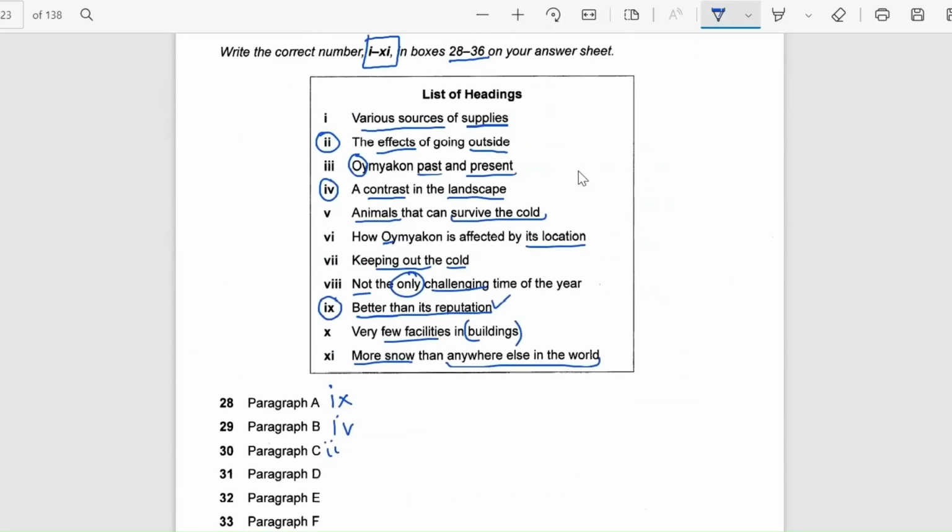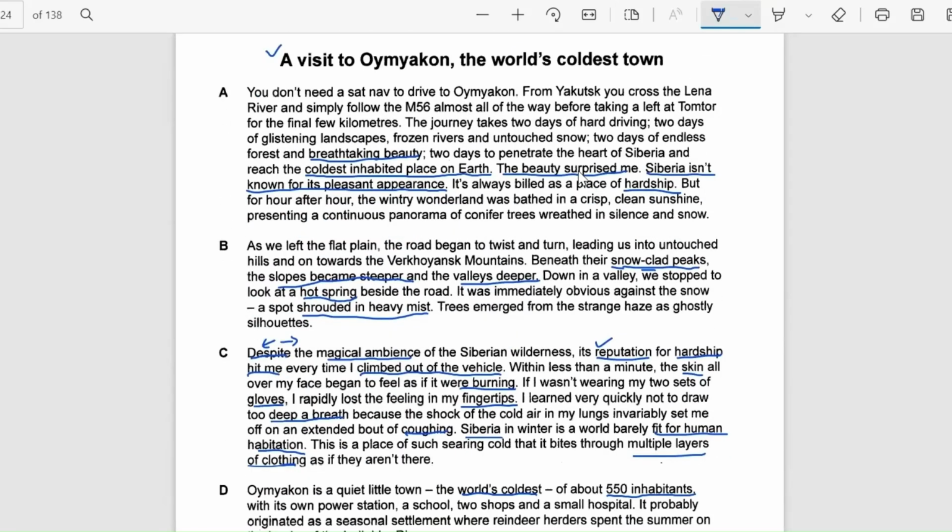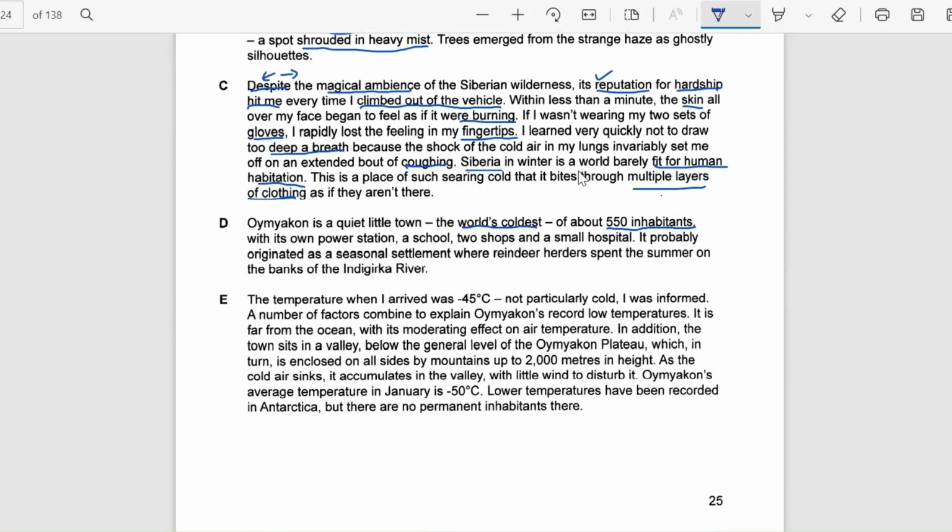Now here, when we look at all the options, again, nothing about supplies is being talked about. Is it the past and present in reference? Oh yes, something about the past was mentioned when they said how it originated, how the whole thing originated.